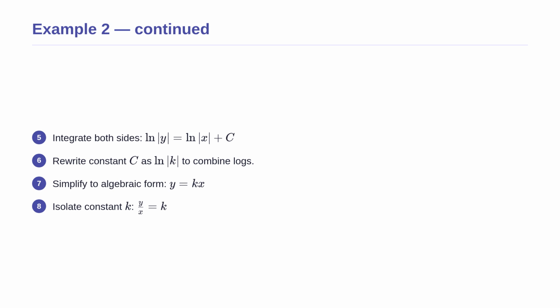To fix this, we cleverly rewrite the constant c as the natural log of a new constant k. Using logarithm rules, we combine the terms and drop the logs entirely, leaving us with the simple equation y equals k times x. Finally, we rearrange this to isolate the constant k on one side, giving us y divided by x equals k. This ratio will become the foundation for our new coordinate system.